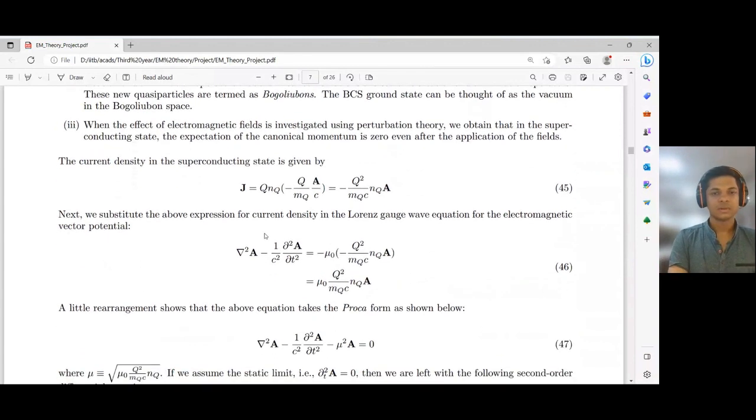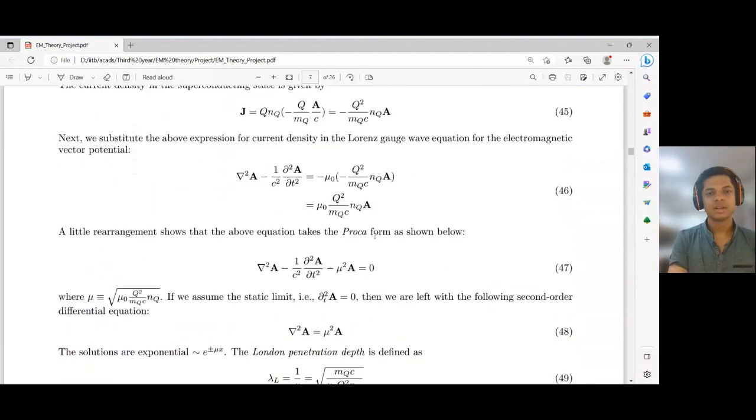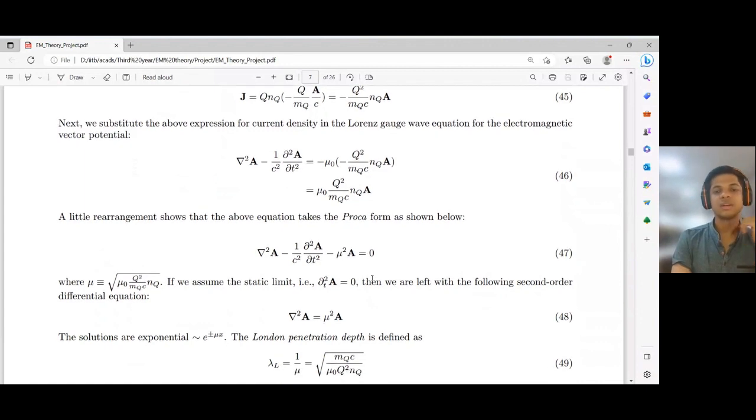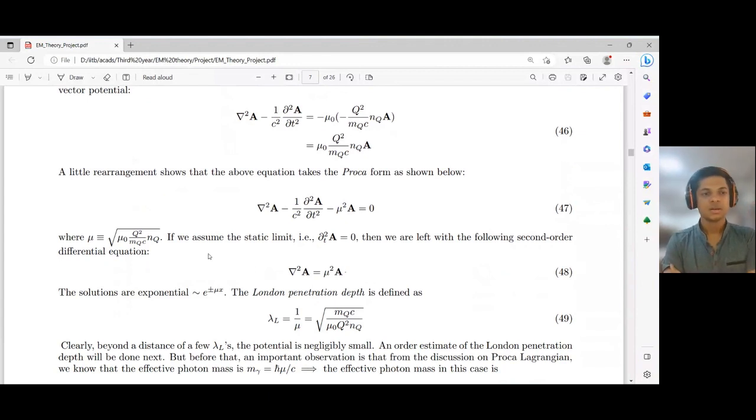After that, we substitute the expression for J vector in the Lorentz gauge equation for the electromagnetic vector potential, and we obtain equation 46. After a little rearrangement, we can see that the equation takes the Proca form, which was discussed in the previous section. Here mu is closely related to the finite photon mass, and that will be discussed later. We define mu as the square root of the right hand side in equation 46.